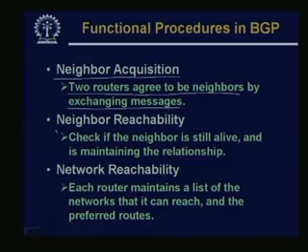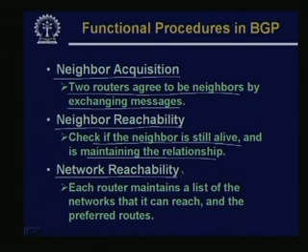Secondly, once the neighbor is acquired, you must check that the neighbor is reachable or not. Neighbor reachability, to check if the neighbor is still alive and maintaining the relationship. This again is ensured through those keep alive messages. And thirdly, network reachability.